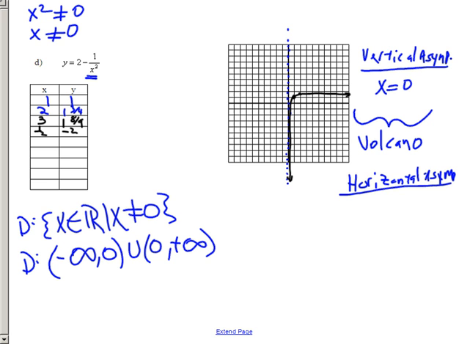If we plug in, we cannot plug in 0, so we'll plug in -1. Look what happens. When we plug in -1, we get 1 back out. Matter of fact, if we plug in -2, we still get out 1 3/4. If we plug in -3, we still get out 1 8/9.